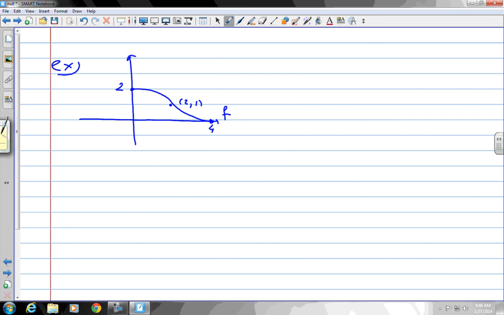And if I ask you to sketch the graph of the inverse of that function, you will say, well, the original function has a point 0, 2, so the inverse will have a point 2, 0, right? The original function has a point 2, 1, so the inverse will have a point 1, 2, right? And the original function has a point 4, 0, so the inverse will have a point 0, 4, right?